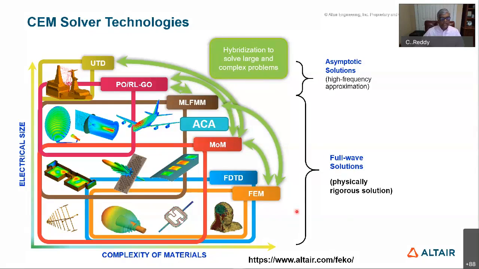But if you want an accurate solution, you start with these full wave solutions first. As long as you have the memory and can afford the time, our recommendation is that you apply the full wave solutions to get the solution. But of course, once you increase the electrical size where you run out of memory, you can apply physical optics and UTD or ray launching geometrical optics, because at this point you don't have the memory to solve the problem.